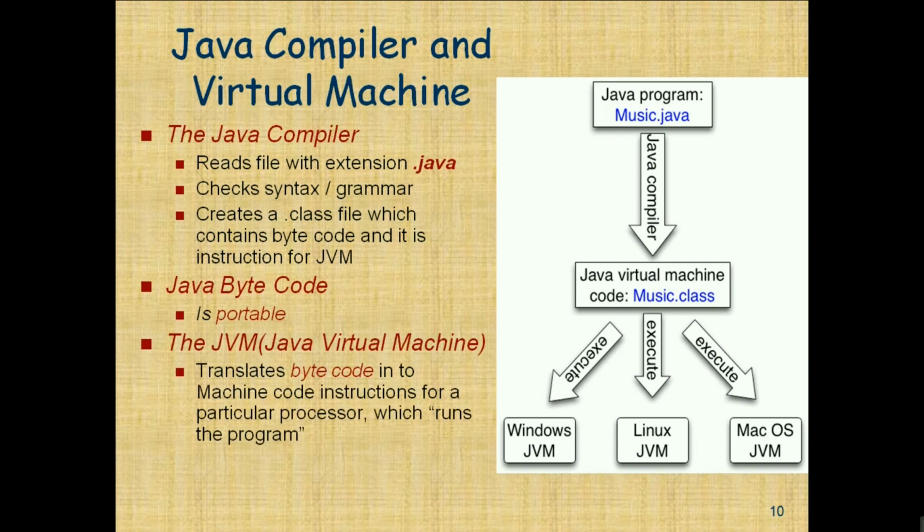Translating bytecode into machine code instructions for a particular processor, which runs the program. So as we discussed, it is going to convert into machine understandable language, right? That should be understandable by any JVM. Any JVM is responsible for converting and executing.